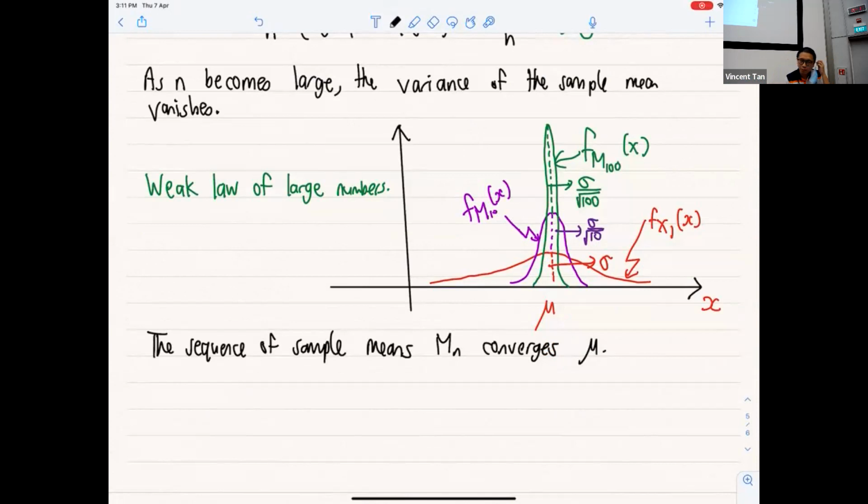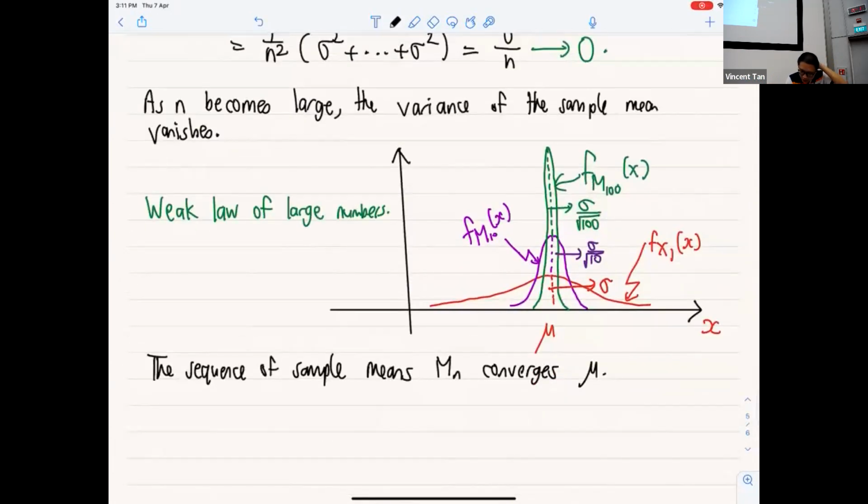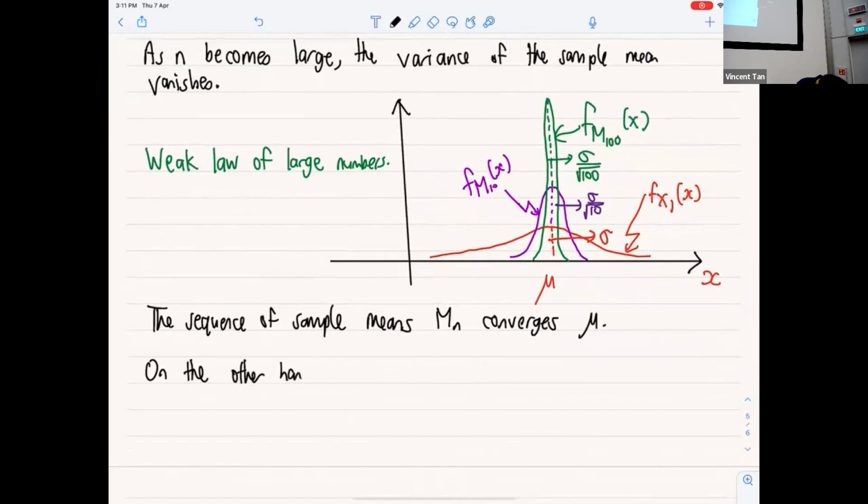All right, we only have a few more things to say. Here, basically, I showed that the sequence of sample means converges to mu. Now, on the other hand, consider Sn, the sequence of sums. That means I'm basically summing up all your exam scores.